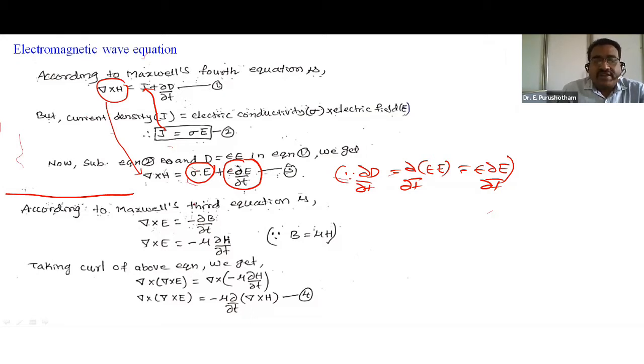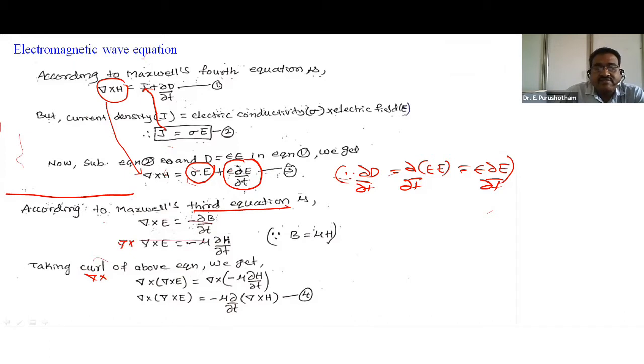According to Maxwell's third equation, curl of E is equal to minus dou B by dou T. But B is equal to mu H, so substituting here, minus mu dou H by dou T. Taking curl of both sides means del cross on both sides.